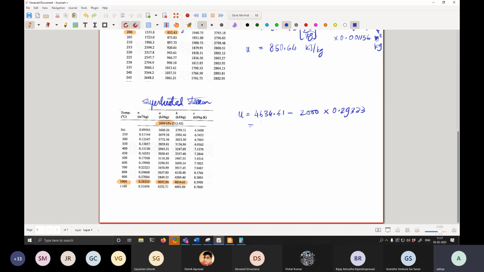What do you obtain when you do this calculation? 4047.95. Well, no surprises over there, because this is also the same value that has been reported.